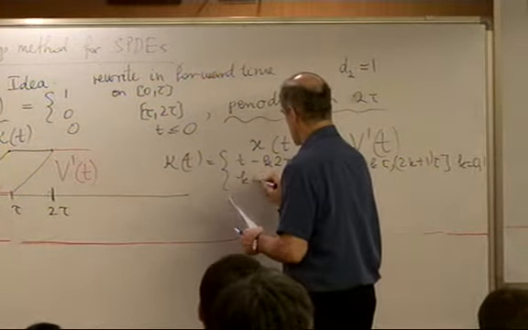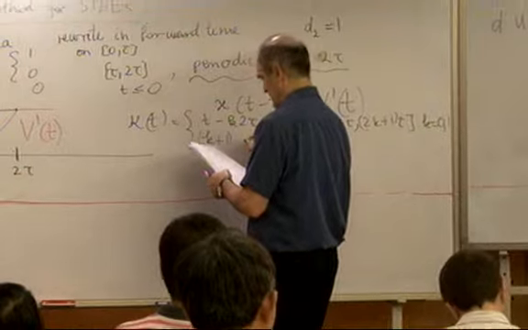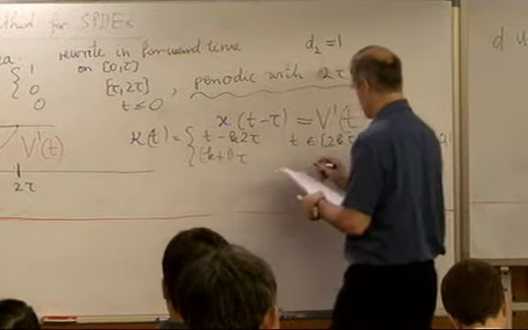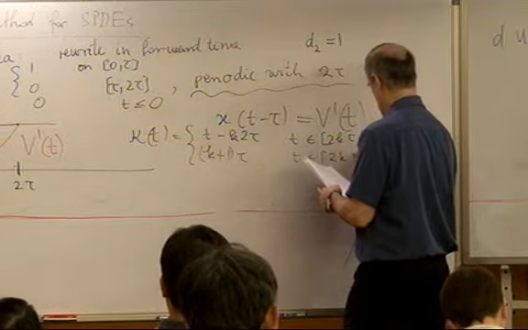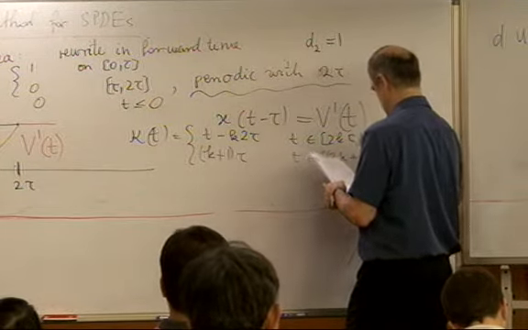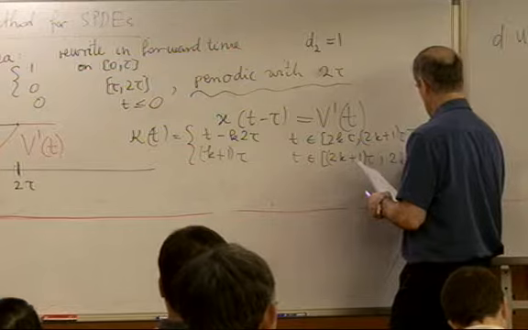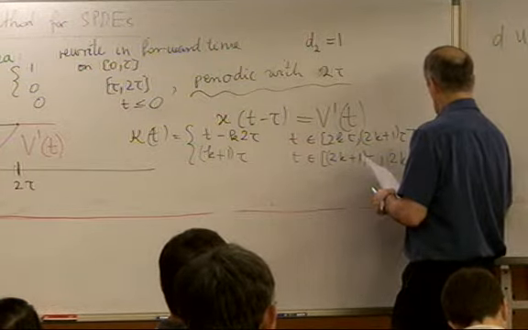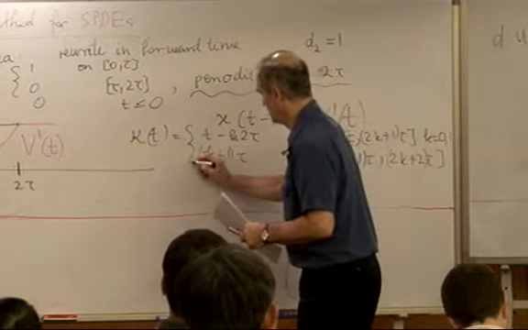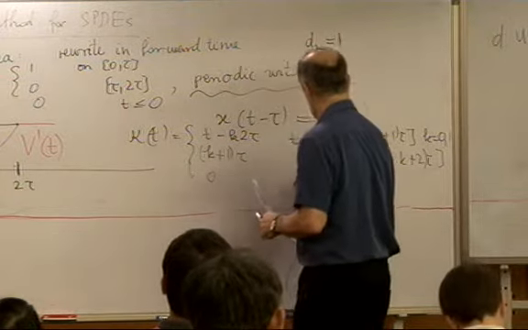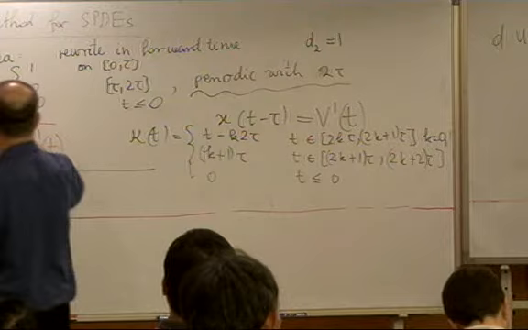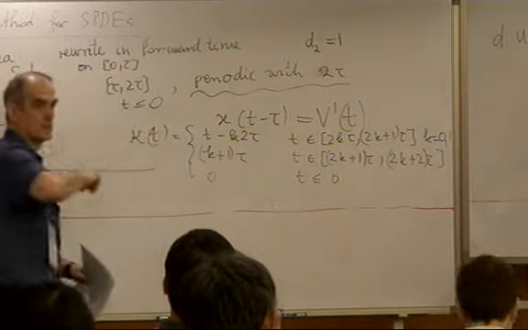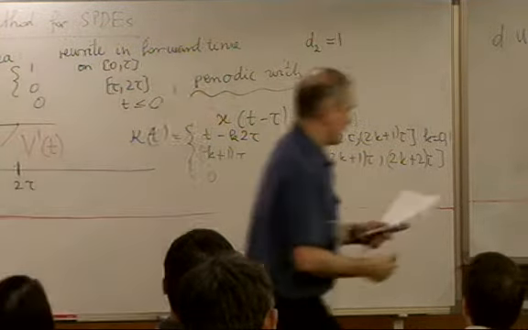It stays at k plus 1 times tau, constant, when t is in the interval 2k plus 1 times tau and 2k plus 2 tau, and 0 when t is less than or equal to 0. So I have written down the function just by formulas.